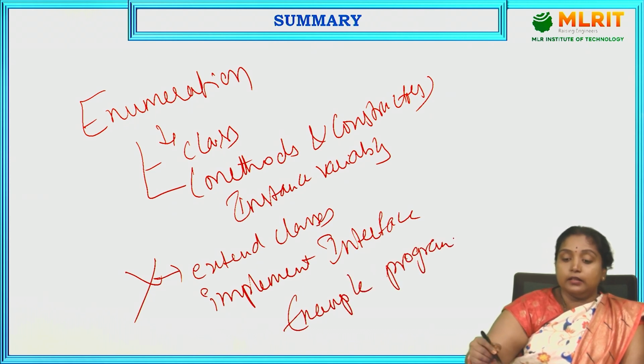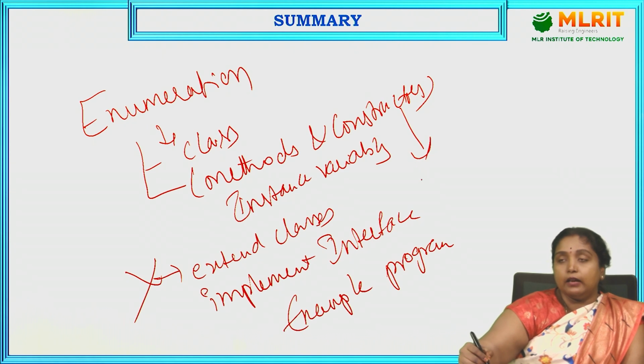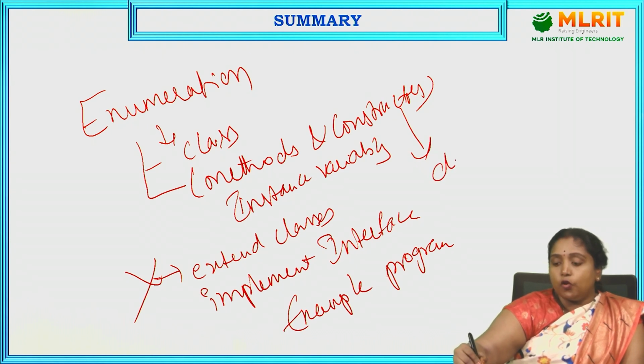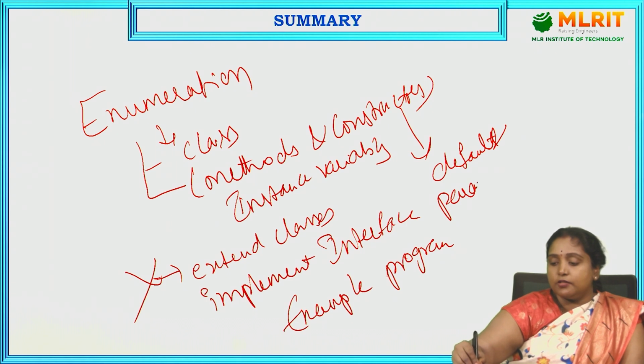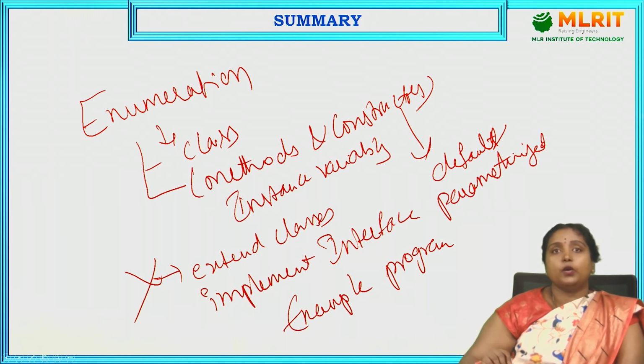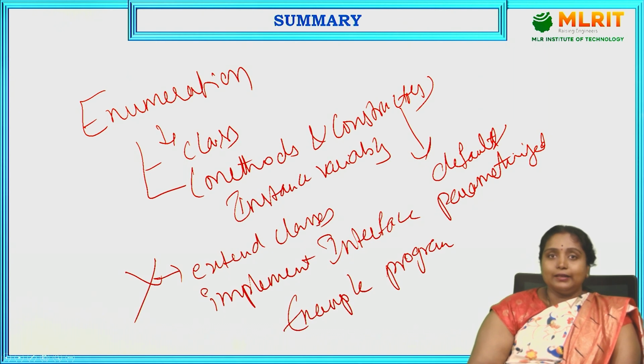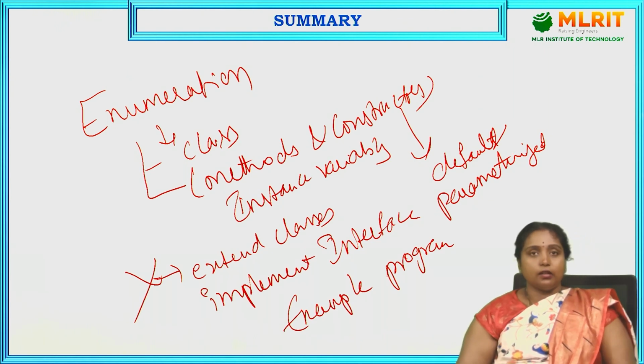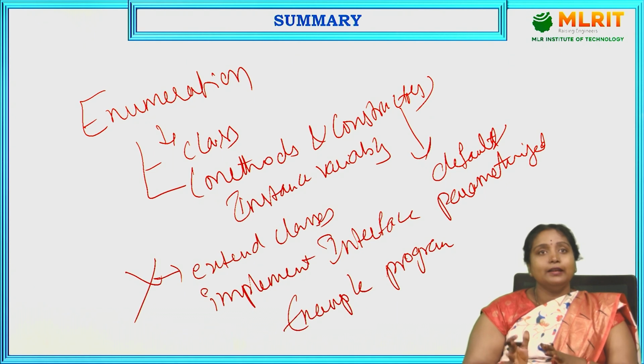And in the constructors, you can give the default as well as parameterized constructors also. Okay, this is the summary of this session. We have seen enumeration in Java and the Stack class in the collection framework. Thank you everyone.